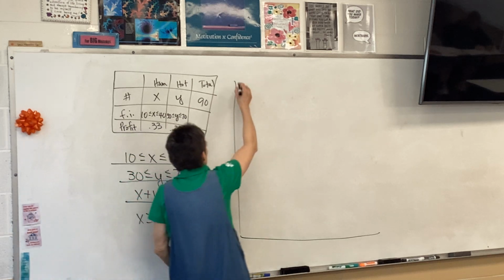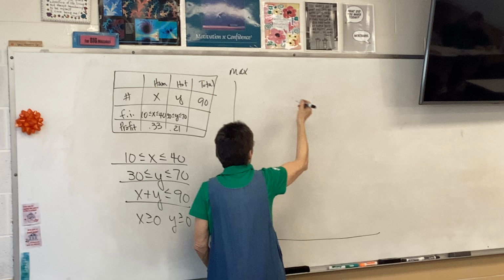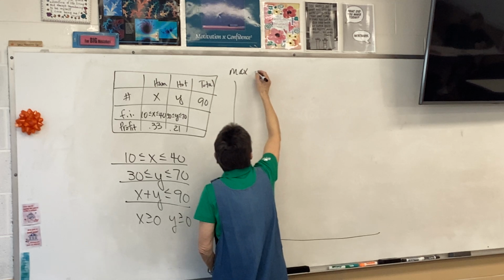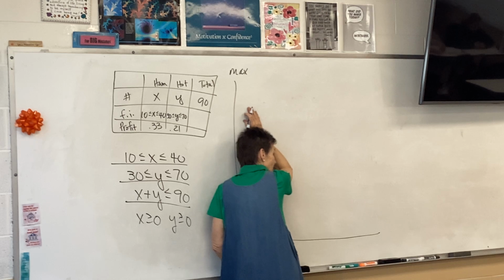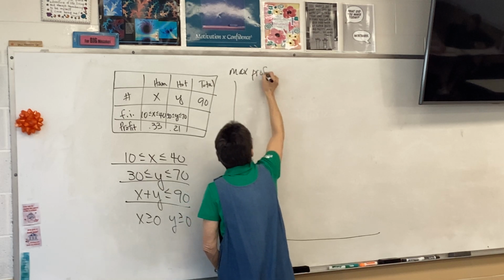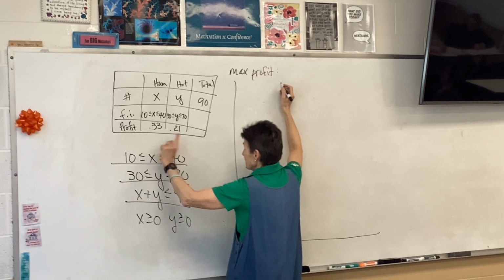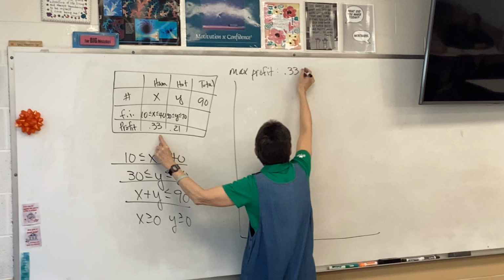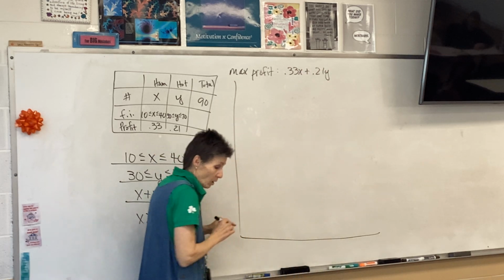A maximum. And what is it that I am trying to find the maximum of? I'm not trying to find the maximum number of sandwiches, I'm trying to find the maximum profit. And that will be calculated 0.33x plus 0.21y.